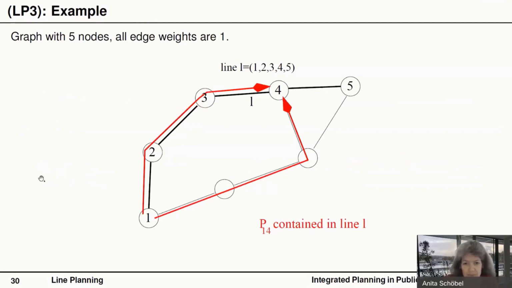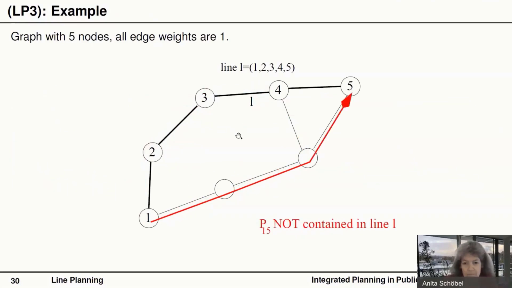But for P14, there's also a preferable path contained in this line. Also, there exists another one, but this one is preferable and it's contained. But for example, the path from 1 to 5, which is maybe much shorter, going this way when taking the line L, would not be contained in the line L. Also, passengers could travel directly between 1 and 5.